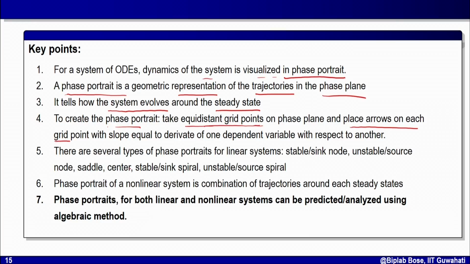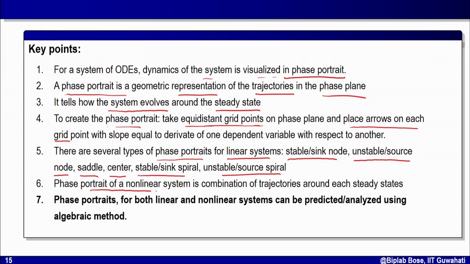Then we have discussed that there can be different types of phase portraits for a linear system. I can have a stable sink node. I can have an unstable source node. I can have a saddle type. I can have a center. I can have a stable sink spiral. I can have a source spiral. These are essentially phase portraits for individual linear systems.